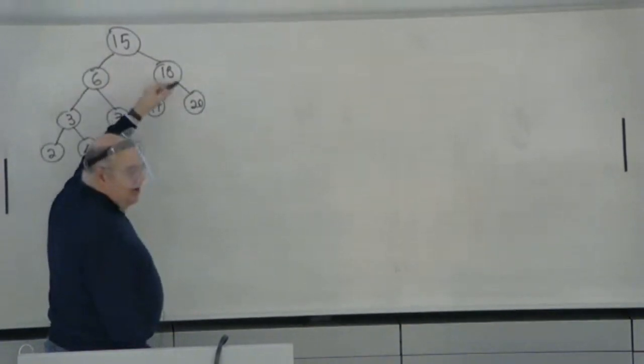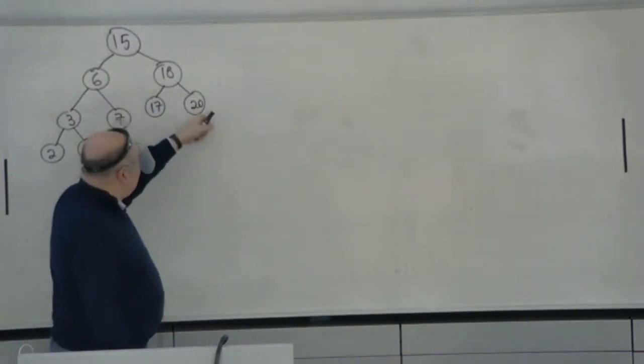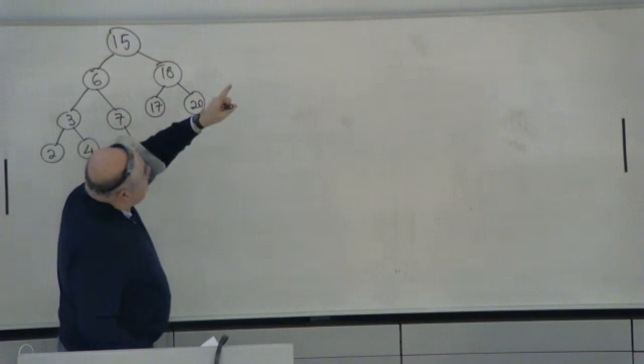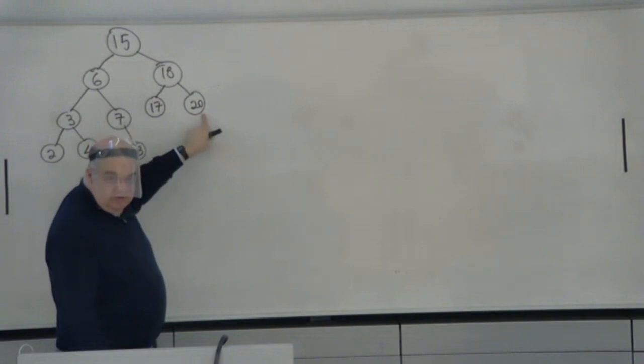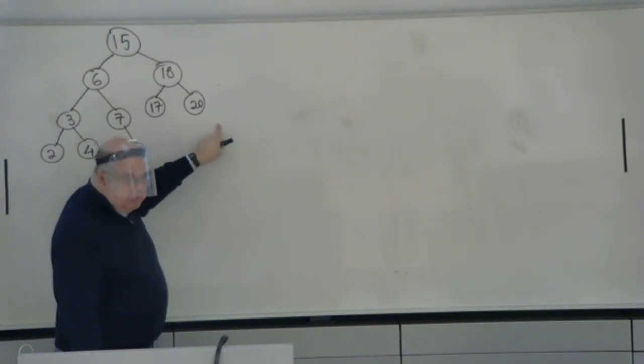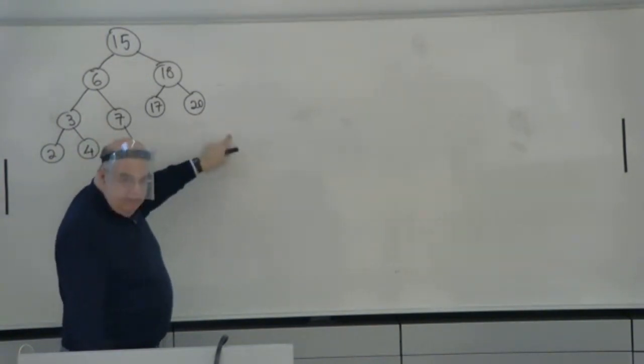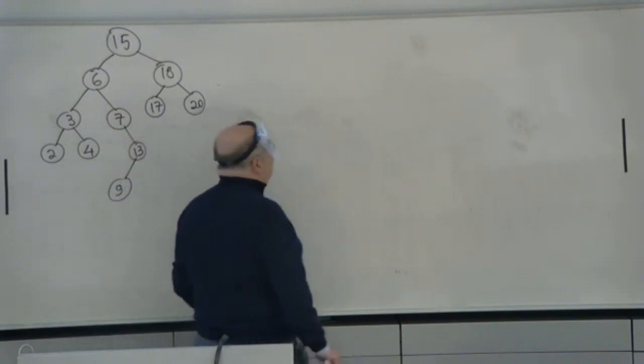So yes, you continuously go right, and then in the end, when you are stuck, which means that you reached the nil pointer, it means that you are at the maximum. So you are returning this node, because it means that the right node is empty. And of course, the same is true for the minimum.